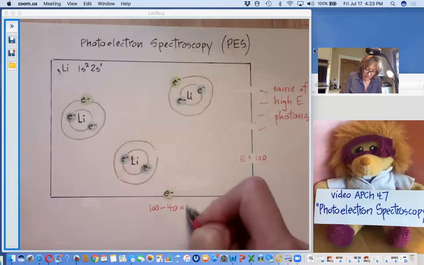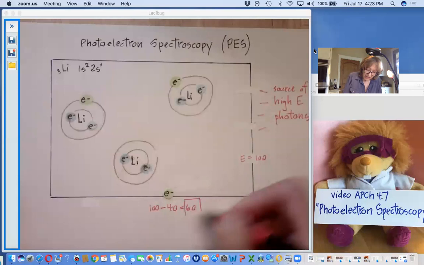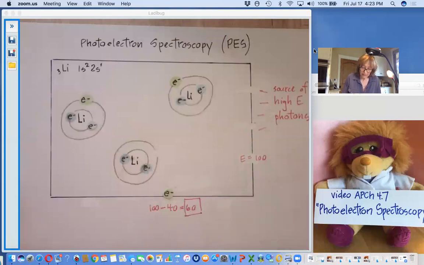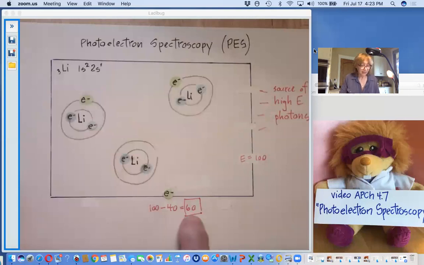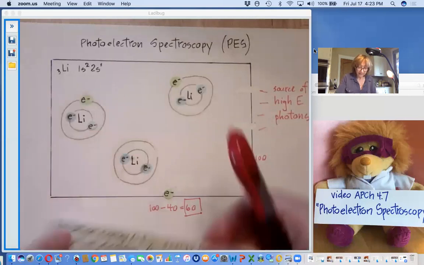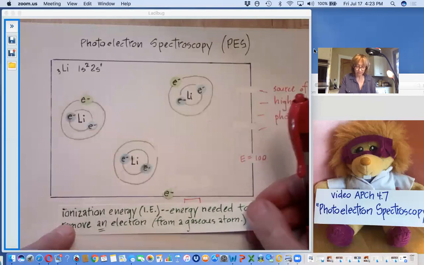Do you see how that difference is 60? So that is the energy that was needed to remove that valence electron. That's the ionization energy for that valence electron.